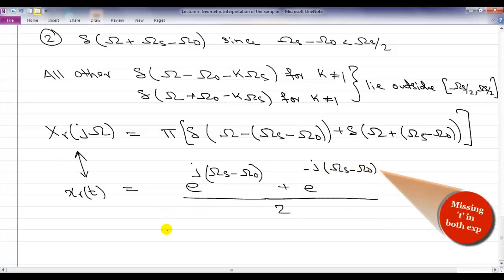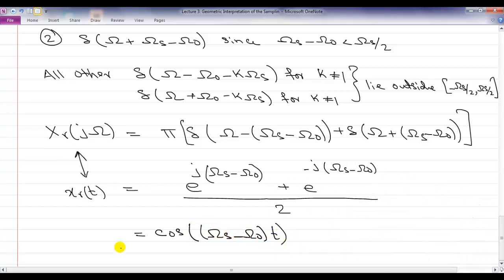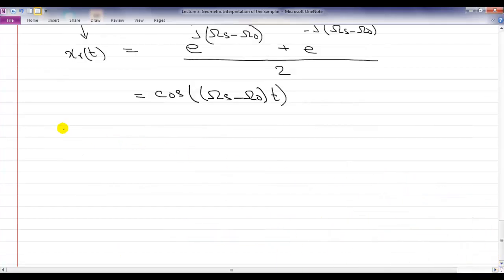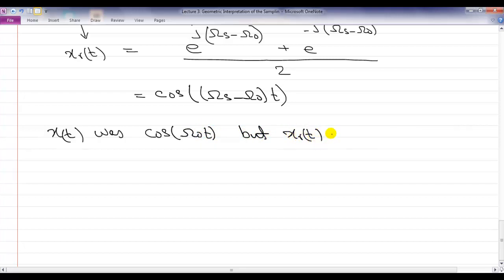And what we end up with is that our answer will be cosine of (ωs − ω0)t. So what did we start with? Our x(t) was cosine of ω0 t. But once we did the reconstruction, our xr(t) is cosine of (ωs − ω0)t.